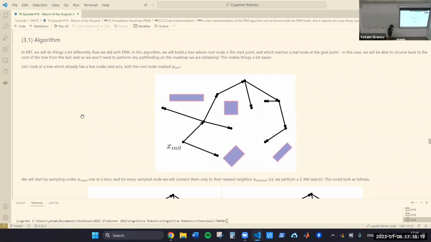So here I'll draw this one on the board because it's here in the middle. Let's say that I have my start point, which is over here, and my goal point, in a different color, over here.